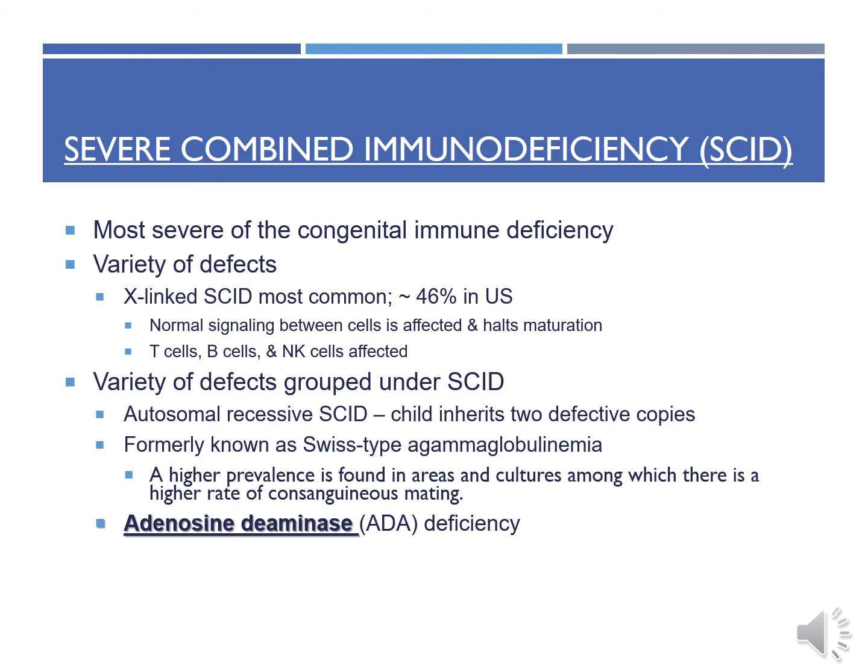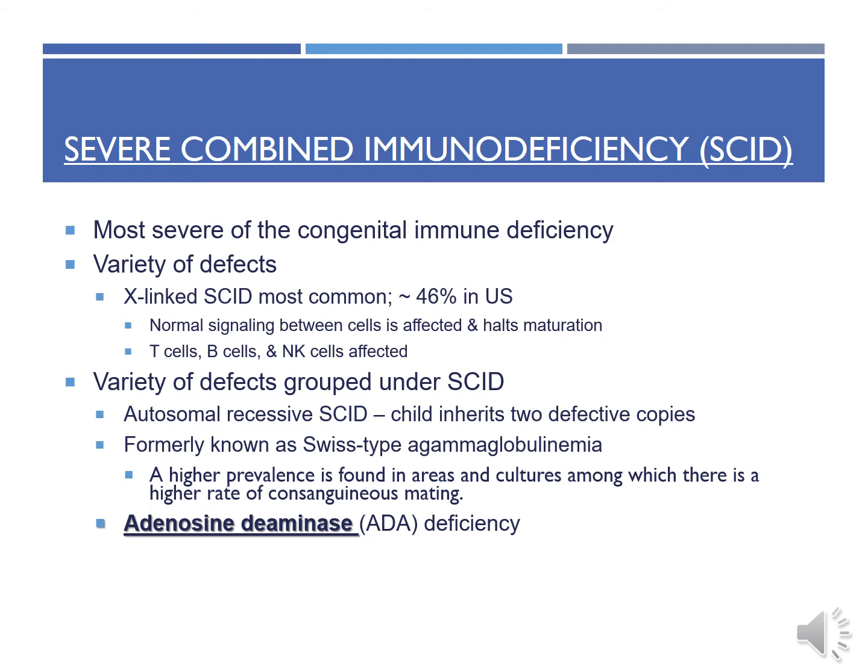This used to be formerly known as Swiss type agammaglobulinemia, and it's been found in areas where they like to keep it all in the family, basically, with family mating that has been going on.